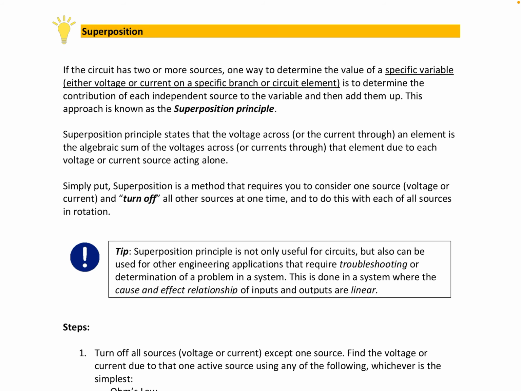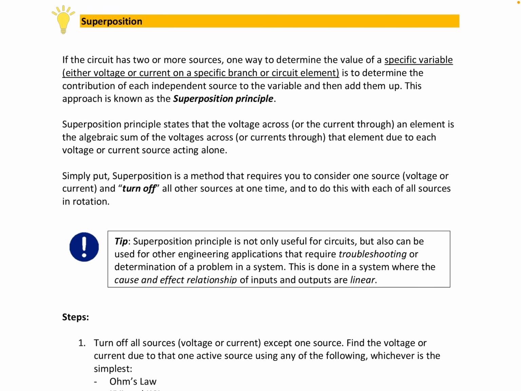So the superposition principle states that the voltage across or the current through an element is the algebraic sum of the voltages across or currents through that element due to each voltage or current source acting alone.